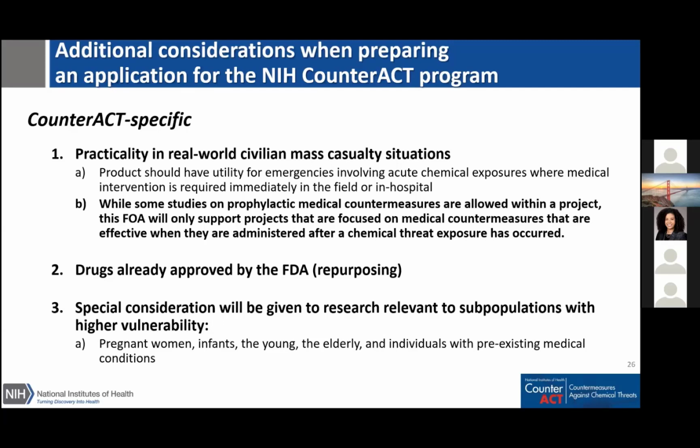And you may want to emphasize the relevance of repurposing in the innovation section, including quoting directly from the FOA. Special consideration will be given to research relevant to subpopulations with higher vulnerability, such as pediatrics and pregnant women.